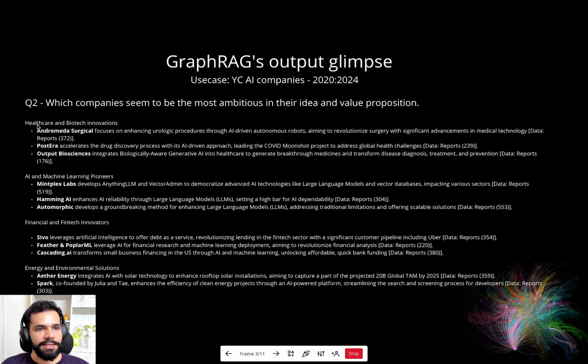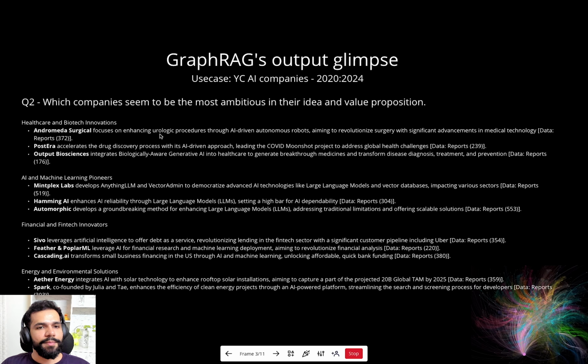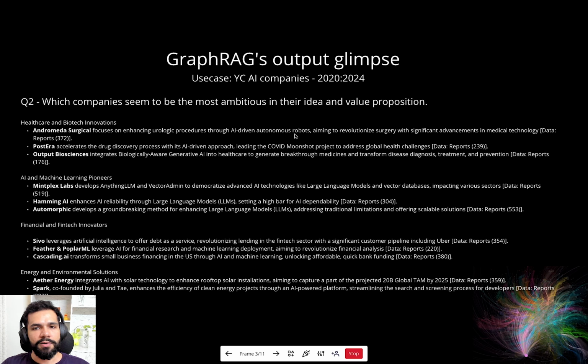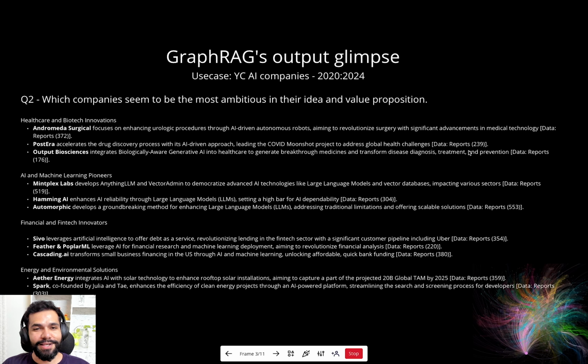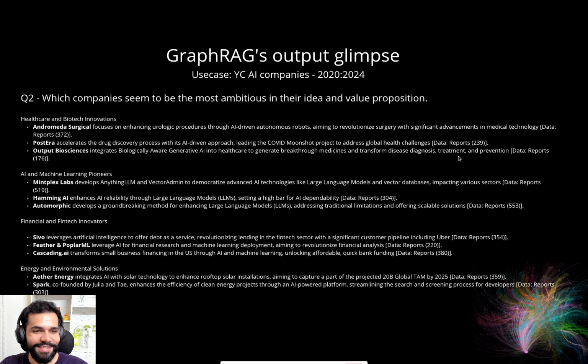You can easily see that it understands the umbrella under which the companies operate: healthcare, AI and machine pioneers, financial, energy, and environmental solutions. It says that this company is working on autonomous robots aiming to revolutionize surgery with significant advancements in medical technology. I don't know of many YC companies who are doing anything that is more ambitious than this.